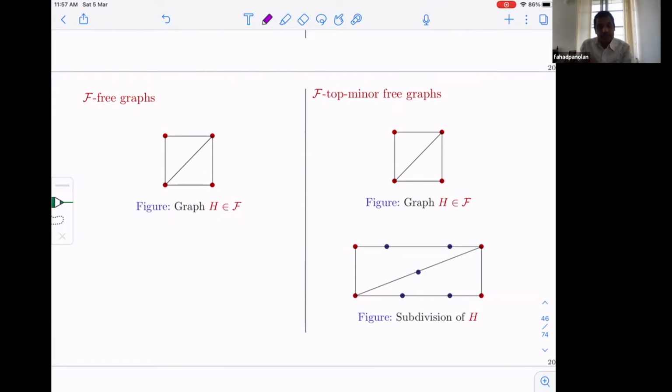Look at the subdivisions of H. There will be infinitely many such graphs, and these patterns should not occur in my graph G as a subgraph. Then I say that G is F topological minor free. Now the problem is that these patterns are infinite in number and infinite in size, so we can't simply branch on them.